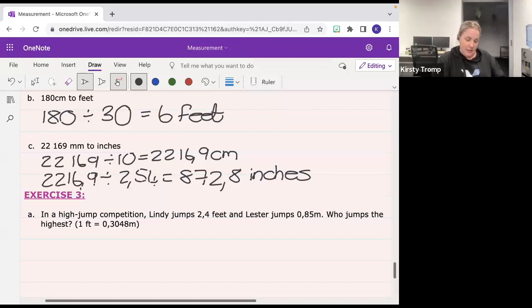So let's have a look at this question while you're doing the poll at the same time. So I've got Lindy jumps 2.4 feet. Lester jumps 0.85 meters. Who jumps the highest? Remember what I said to you. You cannot compare oranges and apples. You've got to have everything the same. So let's get rid of this feet. I've got 2.4.